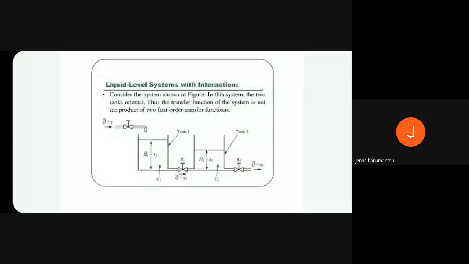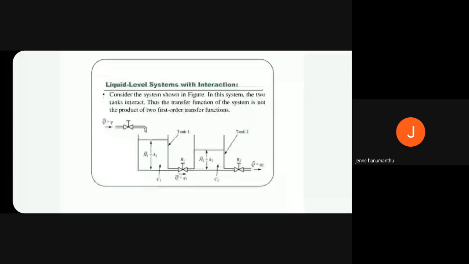Water is inlet to the tank. In this tank, the water level may be capital H1 plus small h1. We are representing water level mathematically as capital H and small h. And in between tank 1 and tank 2, we have capital R1.